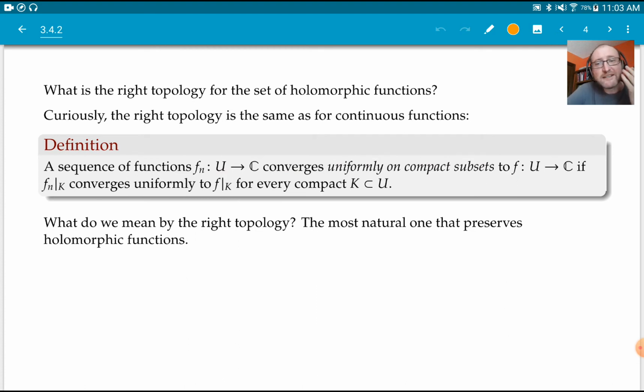Now, what do we mean by the right topology? It's the one that preserves this class. You always want to have some sort of completeness, so that if I have a limit, the limit is still back in the class. That's the most natural requirement.